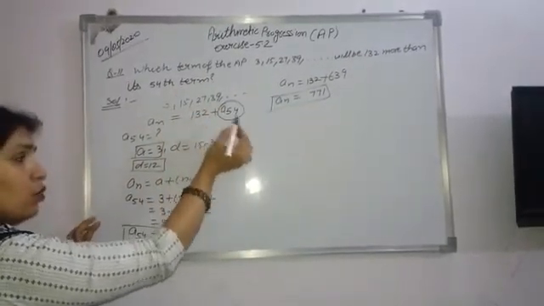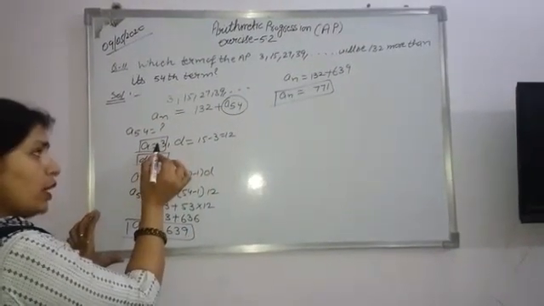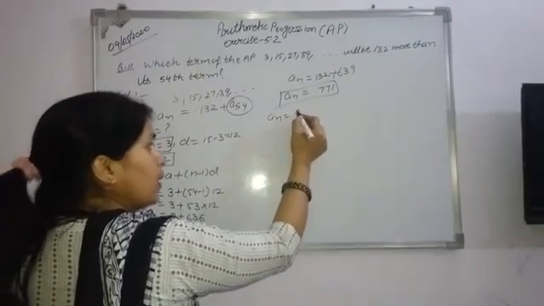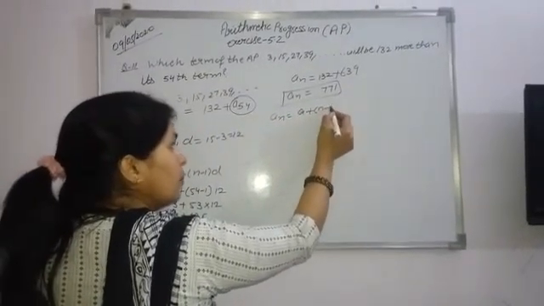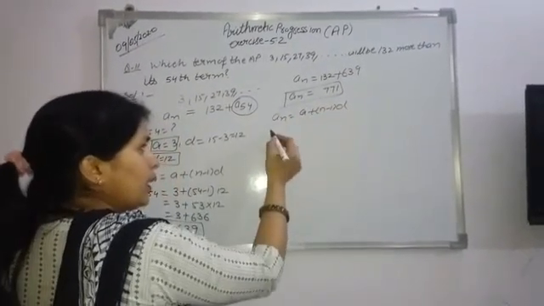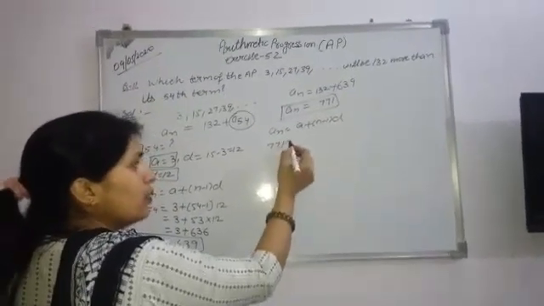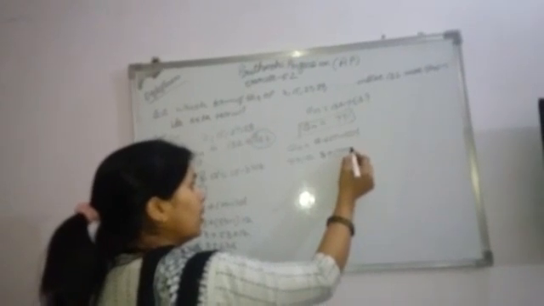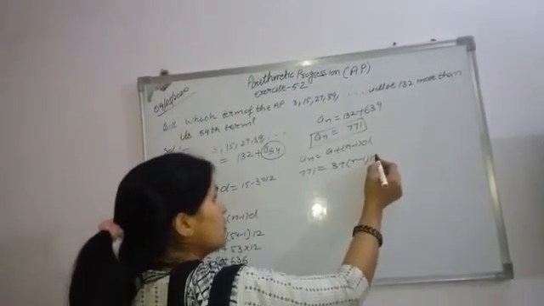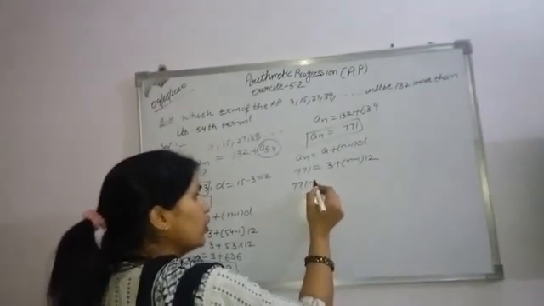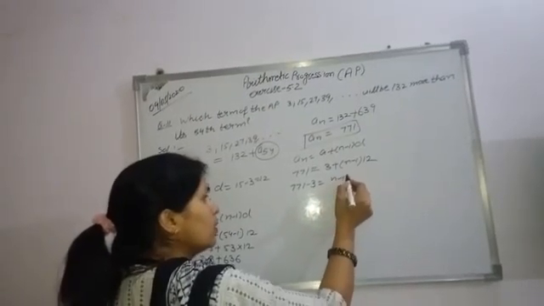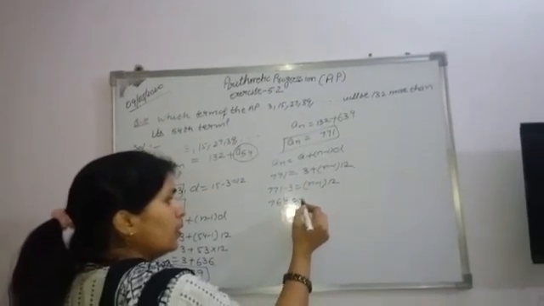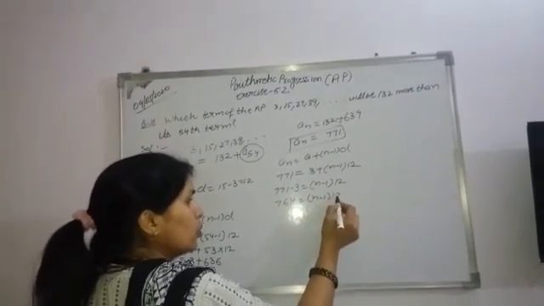The AP is the same for this part also. So A is equal to 3 and D is equal to 12, and An is equal to A plus n minus 1 into D. An is 771. A is 3, plus n minus 1, and D is 12. So 771 minus 3 is n minus 1 into 12, and this is 768 equals n minus 1 into 12.